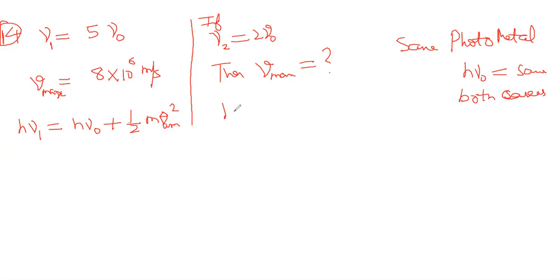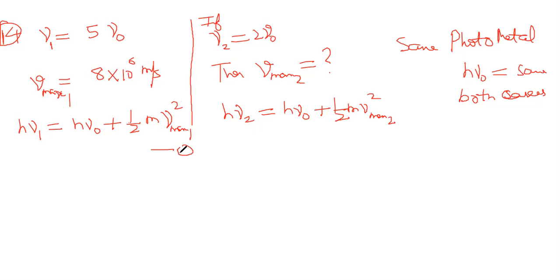So for the second equation, h nu 2 equals h nu naught plus half m Vmax 2 square, and the first has Vmax 1 square. How do we solve these type of problems?